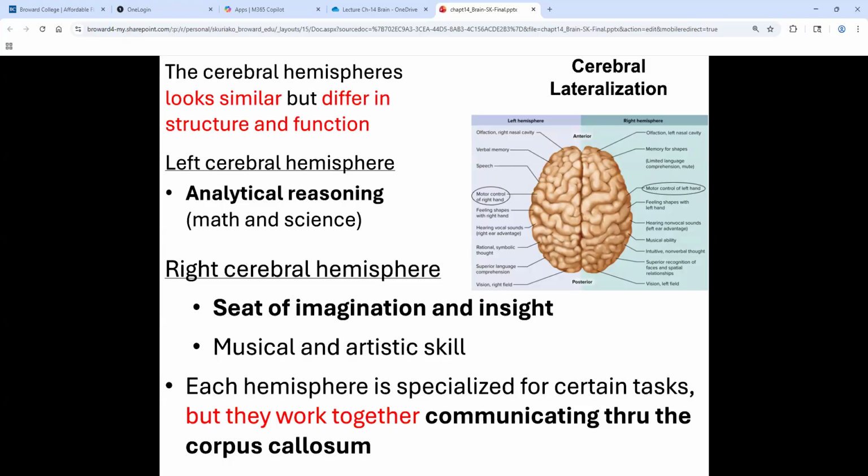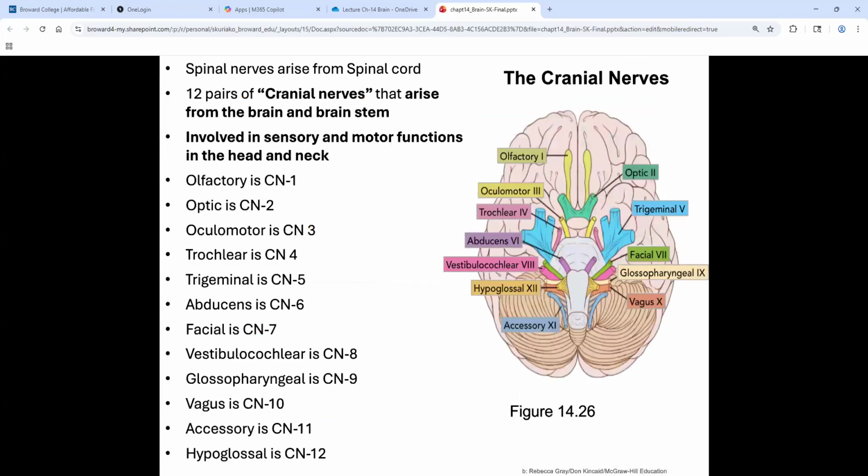What connects the two together? Corpus callosum. Okay. I'm trying to get that out of you so that you can remember it. But that doesn't mean that each side is doing work on its own. Both are doing it together, but the contribution will be more from one side.